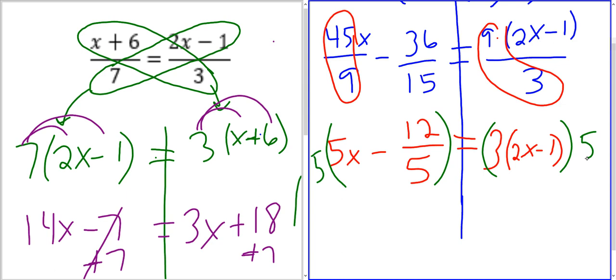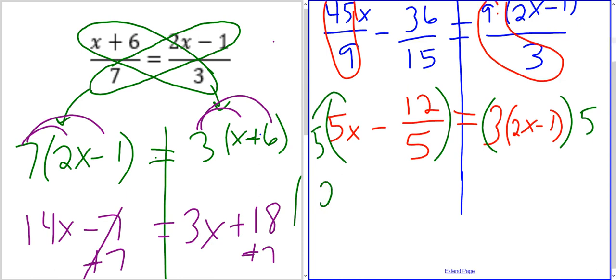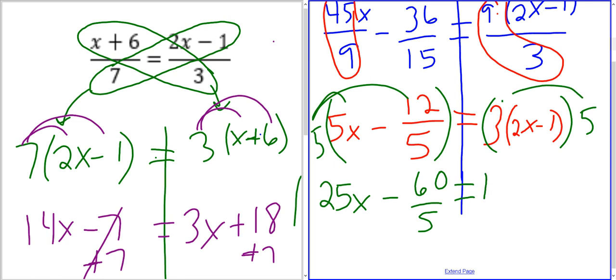So we'll distribute 5 times 5x is 25x. 5 times negative 12 is negative 60, all divided by 5, equals 3 times 5 is 15, and I'm going to leave what's inside the parentheses alone.